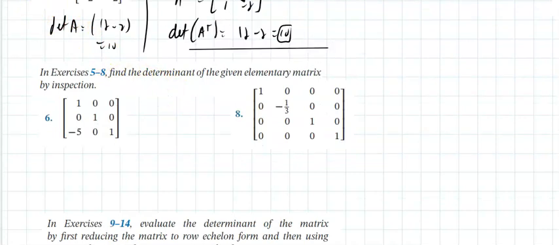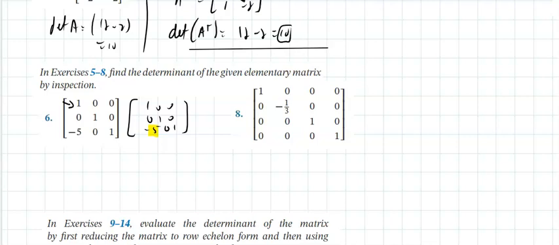The next problem, we say find the determinant of the given elementary matrix. Remember, this is elementary. That means you originally had the identity. So the only way to get a 5 right there would be if you were to multiply this by -5 and add it to the bottom. And we already agreed that that doesn't change a thing.